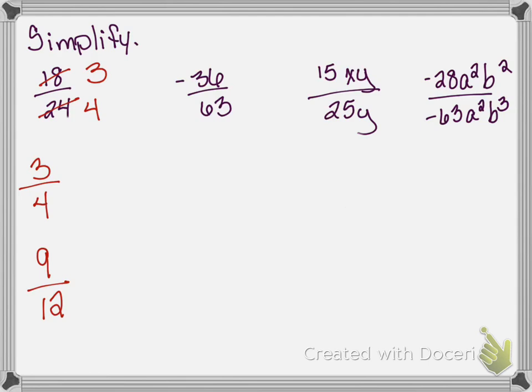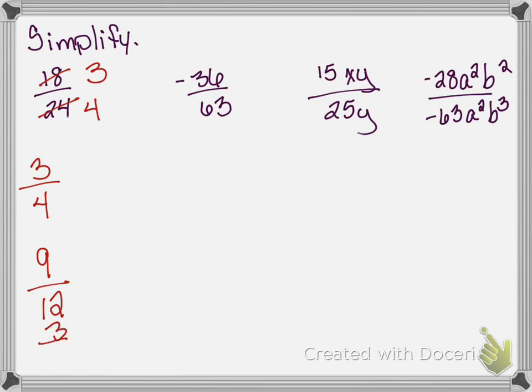That's fine as long as you ask yourself again, can this be simplified further? Can 9/12 still be simplified? Yes, it can. What goes into 9 and 12? 3. So I simplify that further to 3/4.